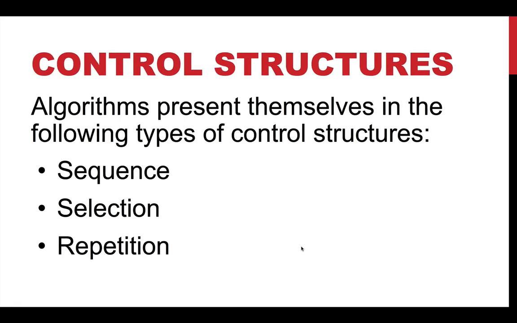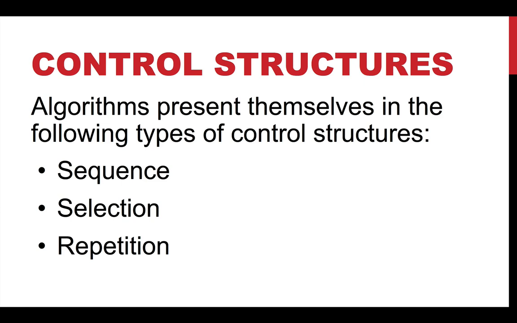So, how do I organize logic? The steps that I wish to execute in a subroutine are controlled by things called control structures, and they present themselves in three possible ways. One way in which I can control logic is in a sequence, one is in a selection, and the other is in a repetition.